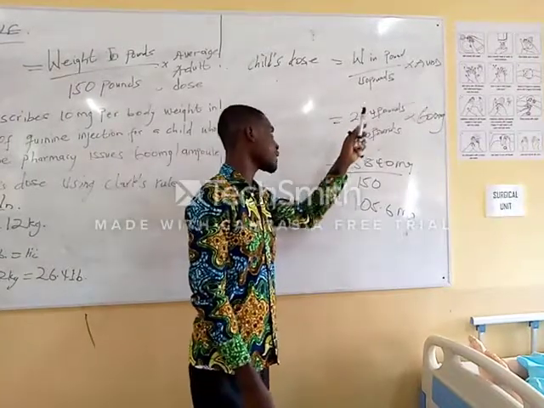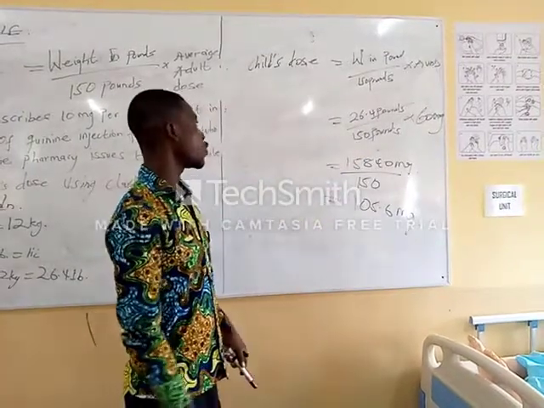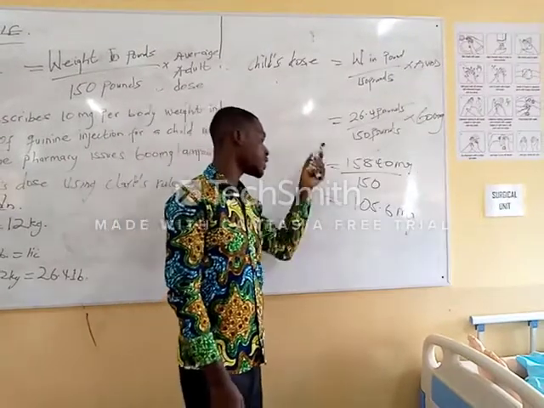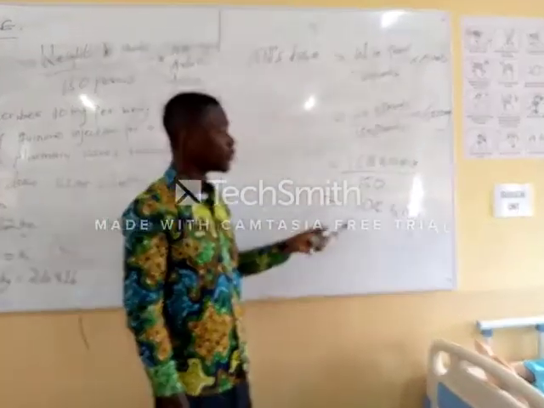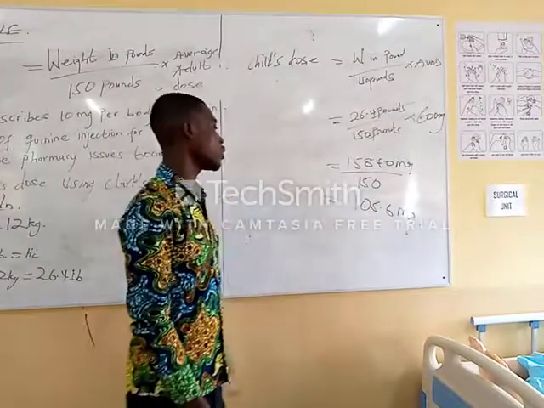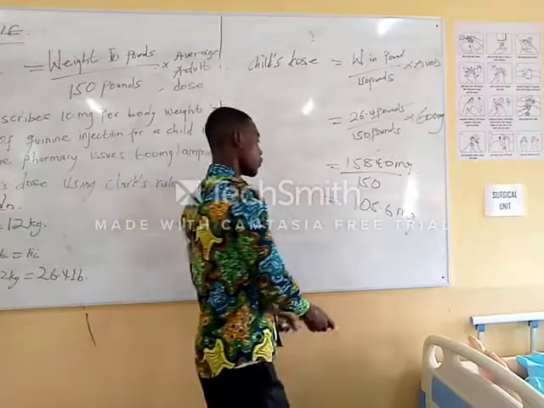This is what Clark's rule tells us. If you take the child's weight and fit it into the formula, you get the dose of drug to be served to this child. So we are going to give 105.6 milligrams of this quinine injection to the child.